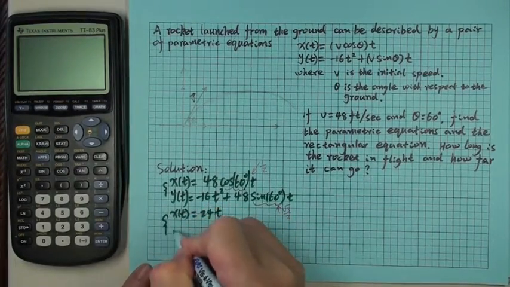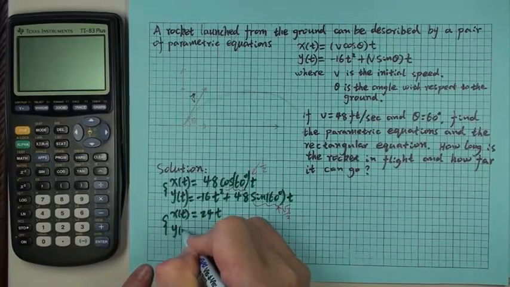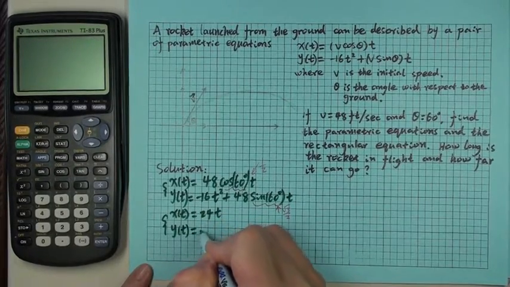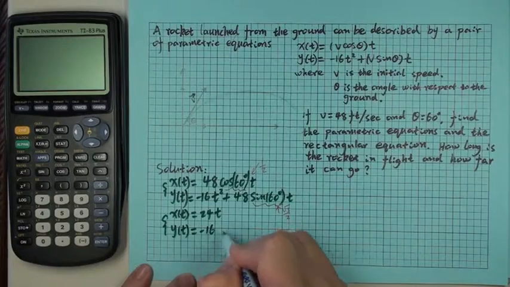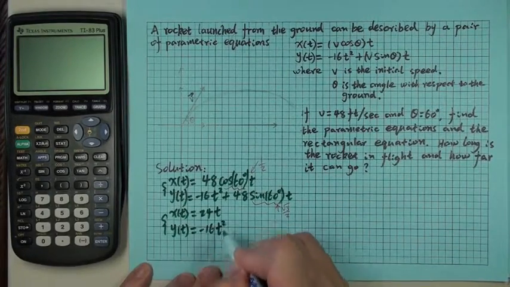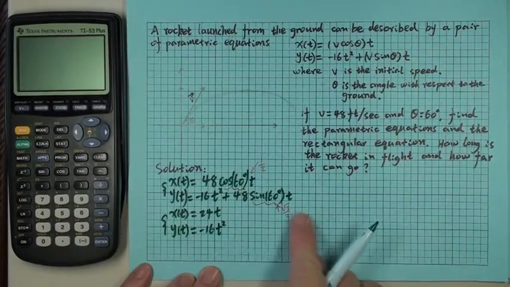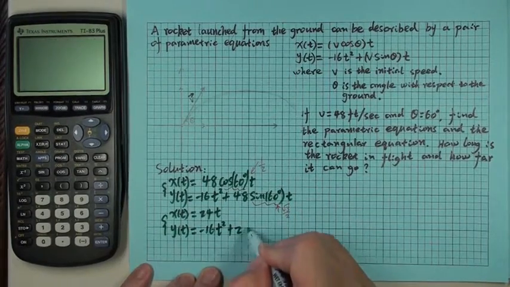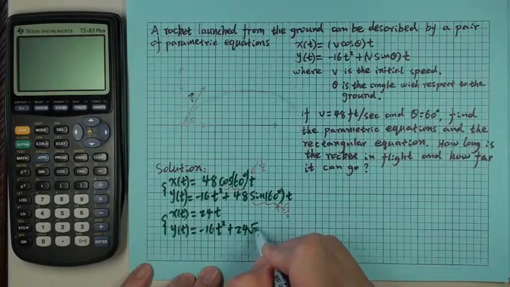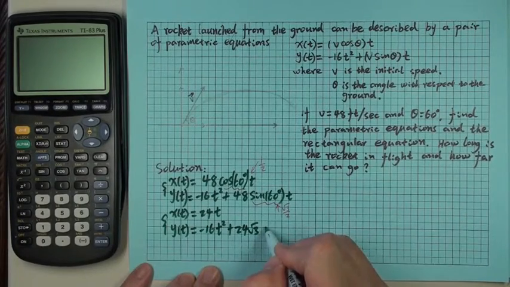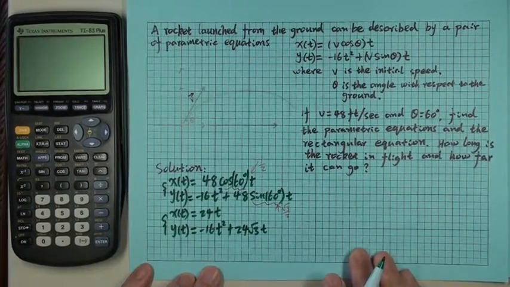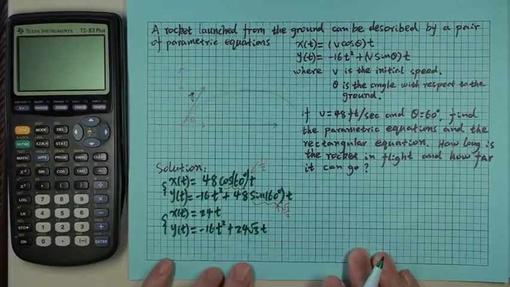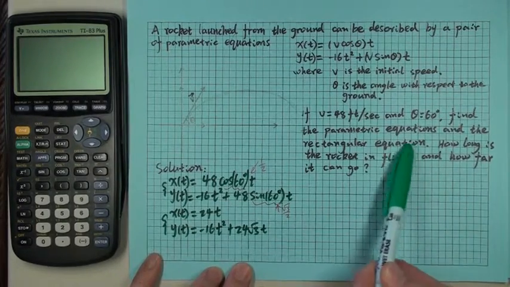And y of t is negative 16t squared plus 48 times radical 3 over 2, that's 24 radical 3 t. So we have figured out the parametric equation.